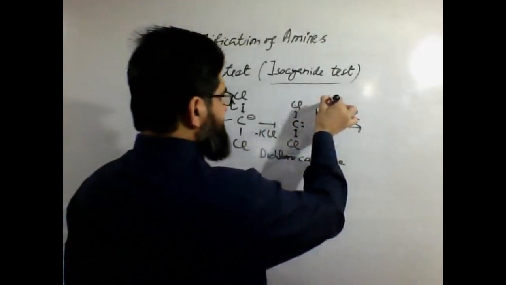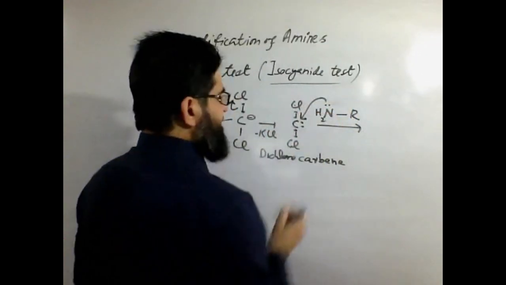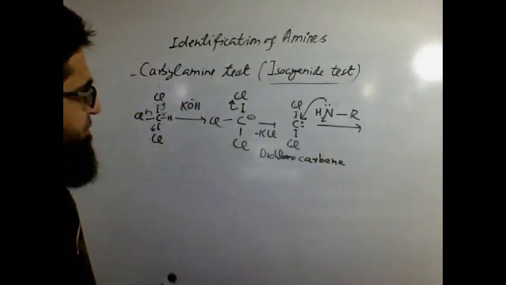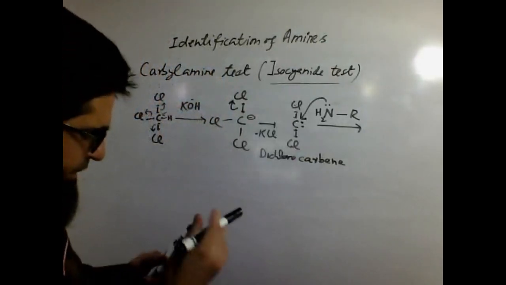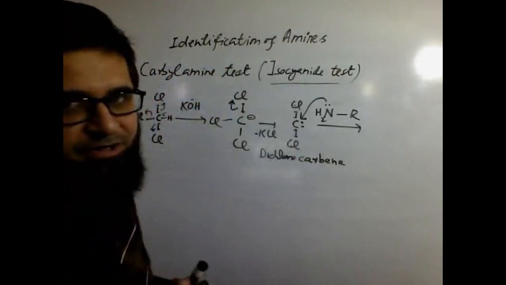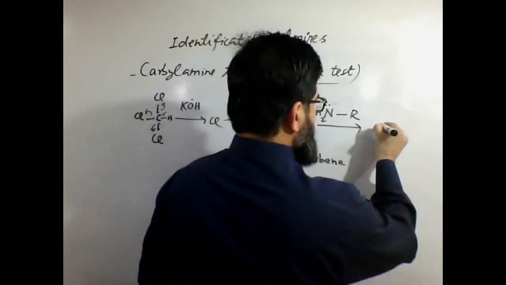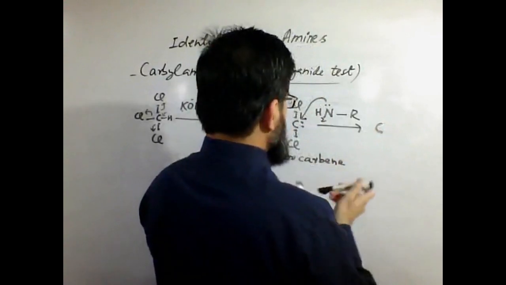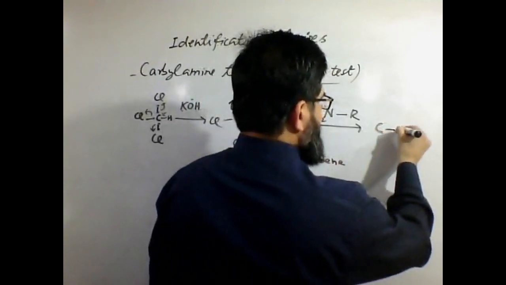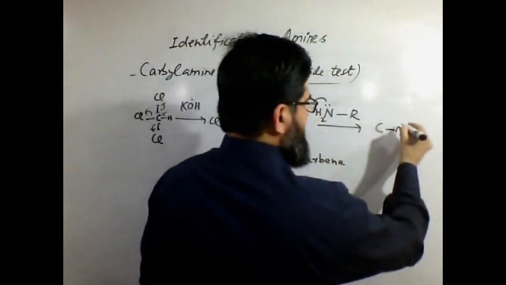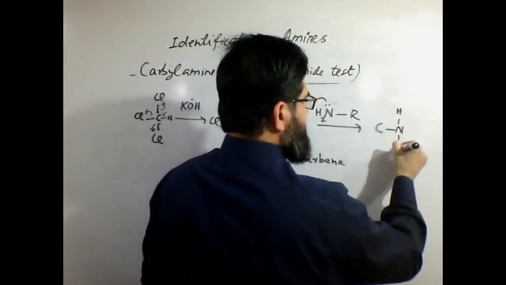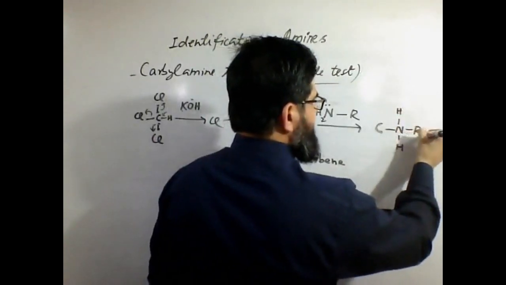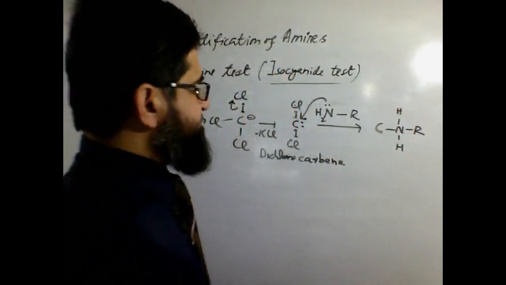So the lone pair will move from nitrogen to the carbon, resulting in a reaction, and the product is supposed to be something like that. We will have carbon, we will have a nitrogen having 2 protons, as it is a primary amine, we will have an R here.